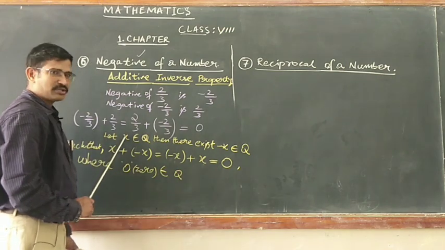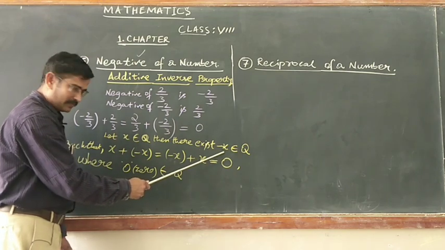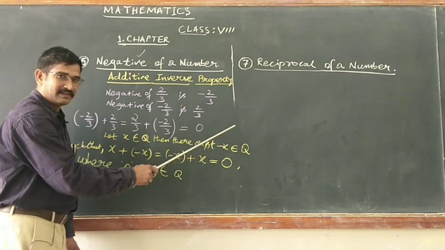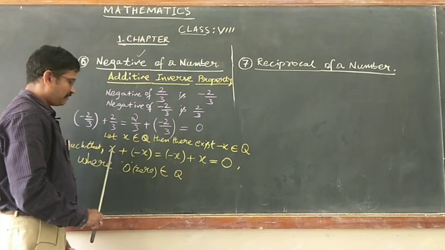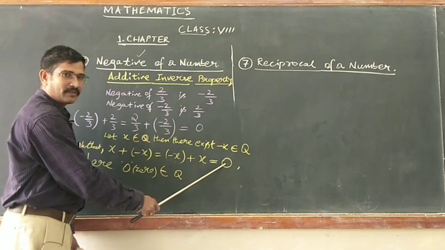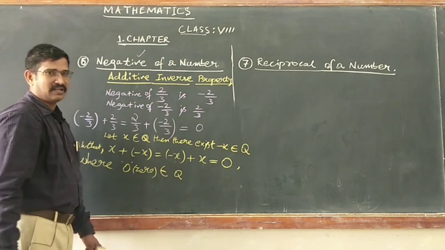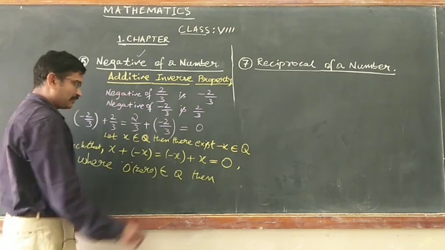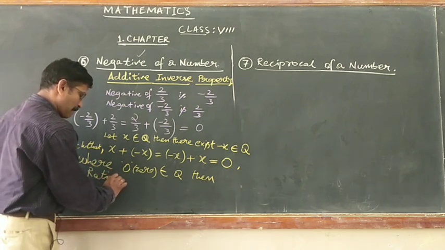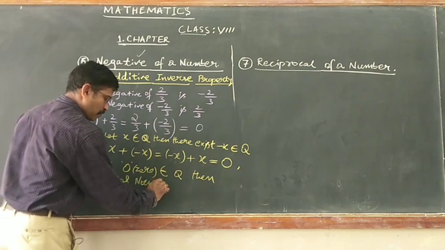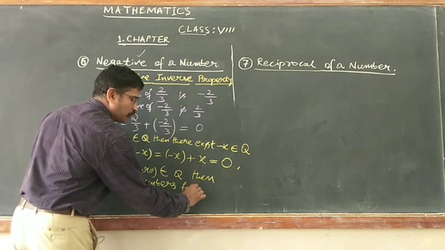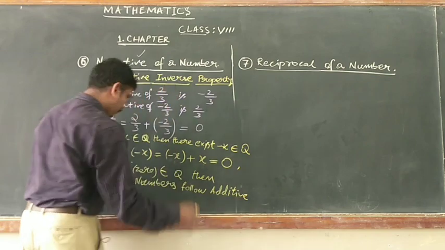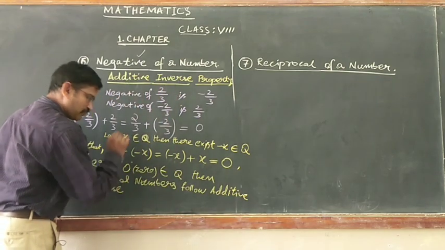That means for every rational number there is a rational number, belonging to the rational numbers, such that the sum of those two gives the additive identity, where the additive identity 0 is also a part of the rational numbers. Then the rational number set follows the additive inverse property.